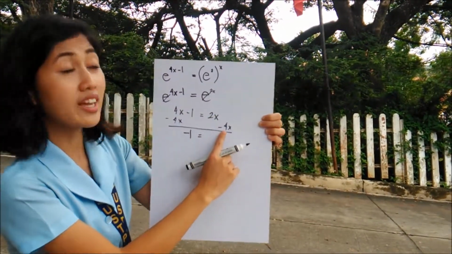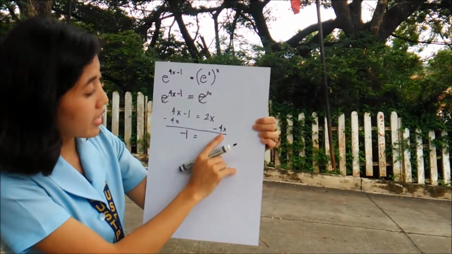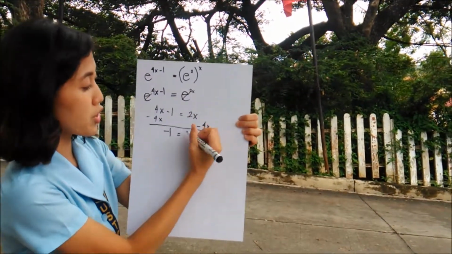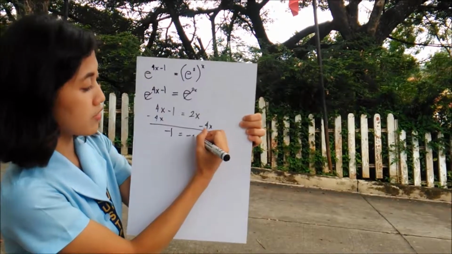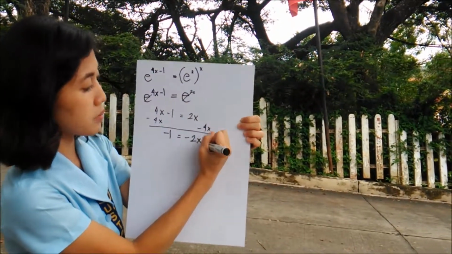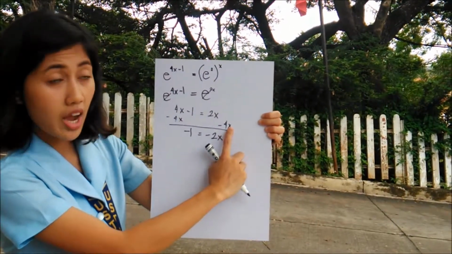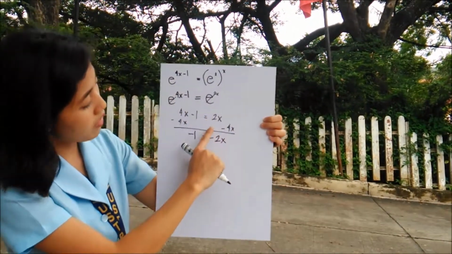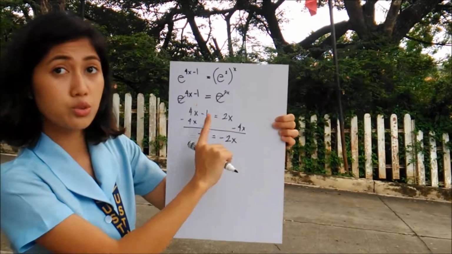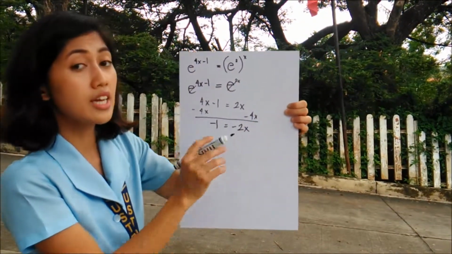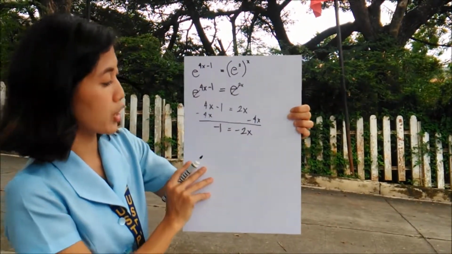So we have negative 4x minus 2x. We are going to have negative 2x simply because we have negative on the bigger number, the higher number, and then minus 2. So we're just simply going to follow the sign of the higher number.